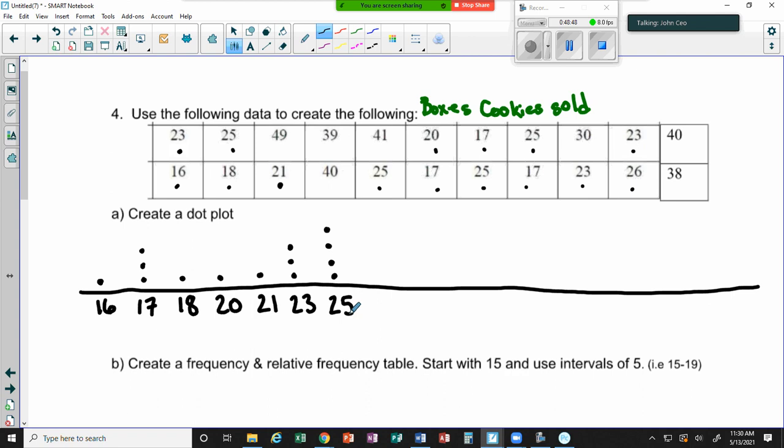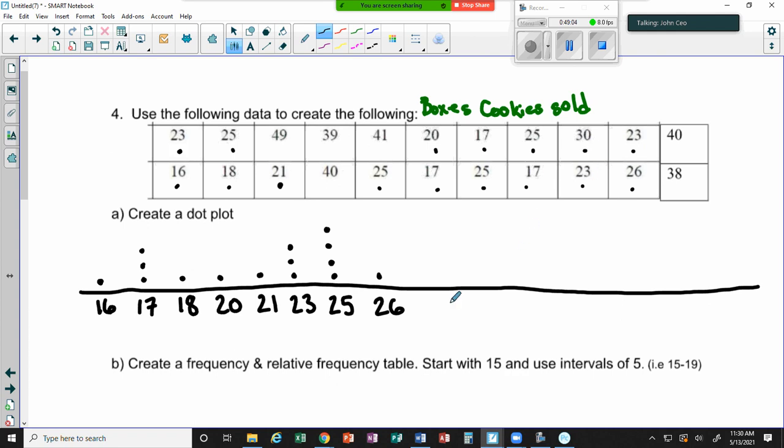I have a 26. More, nope. 27, no. 28, no. No more 20s.